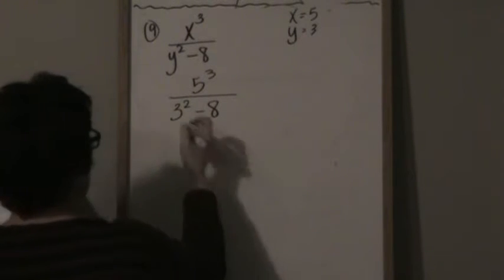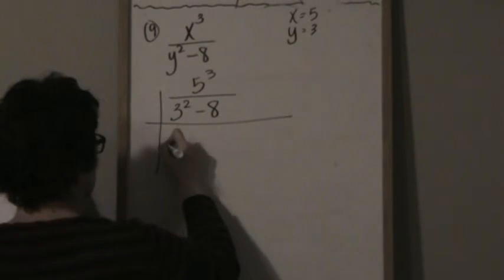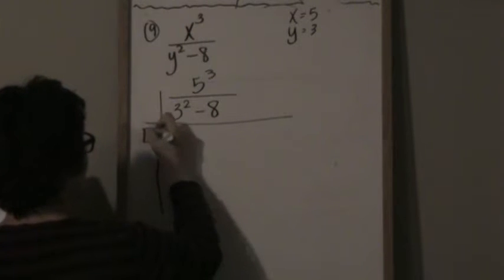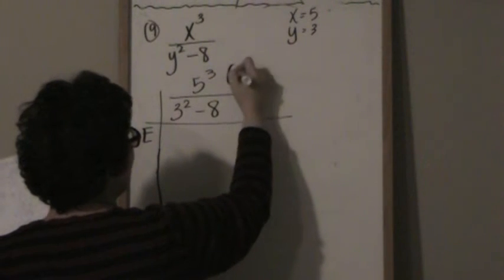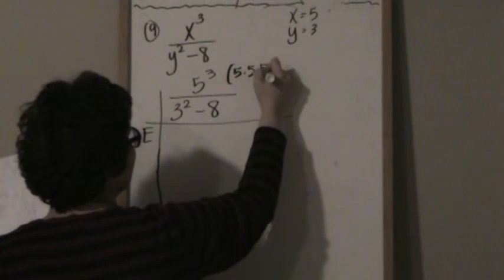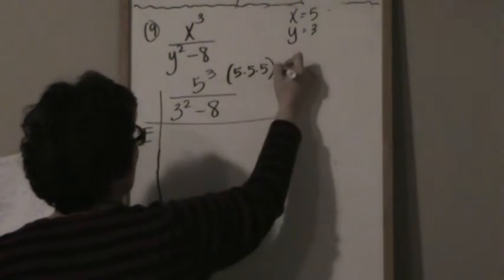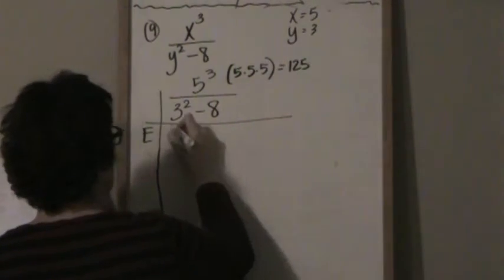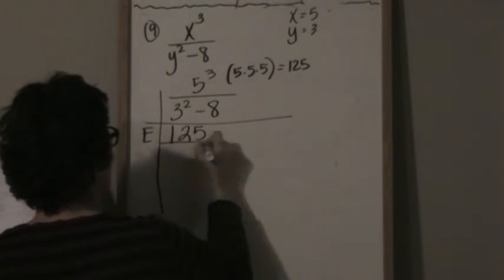All right, so I'm going to do my exponents first. 5 to the third power means 5 times 5 times 5. And that equals 125 over.